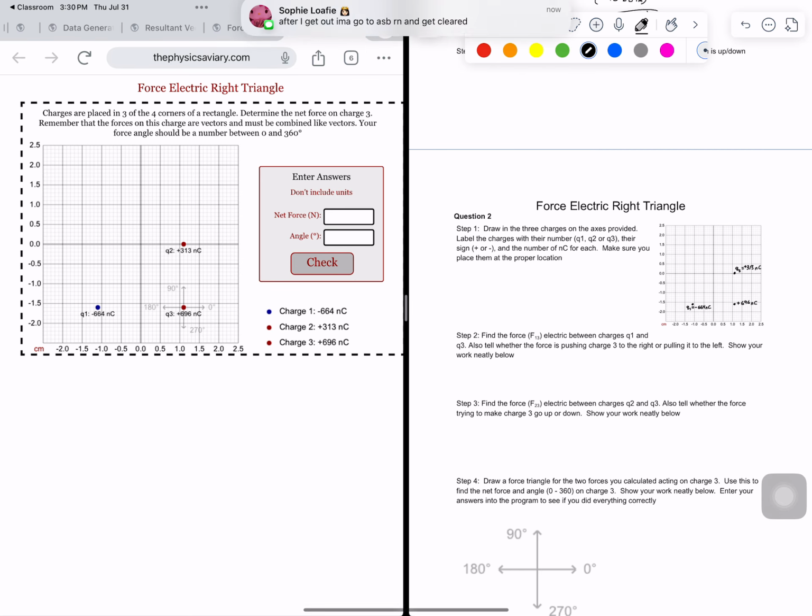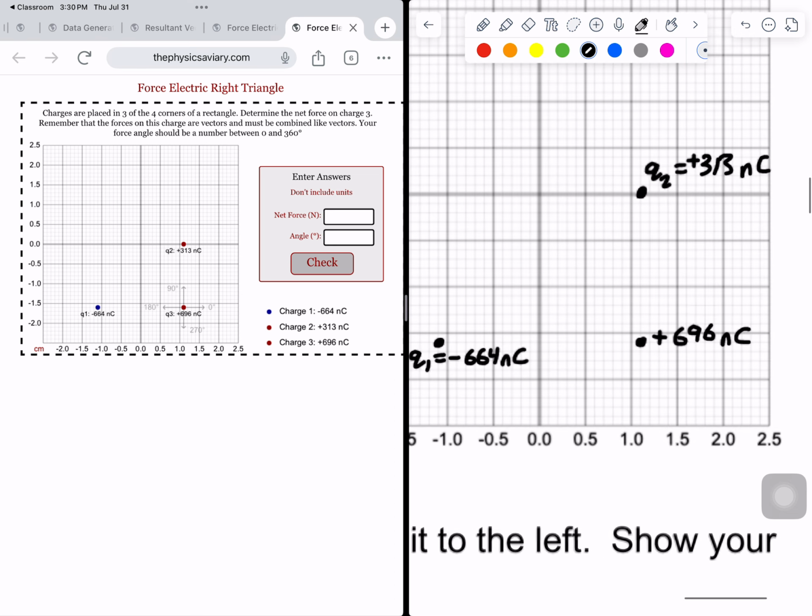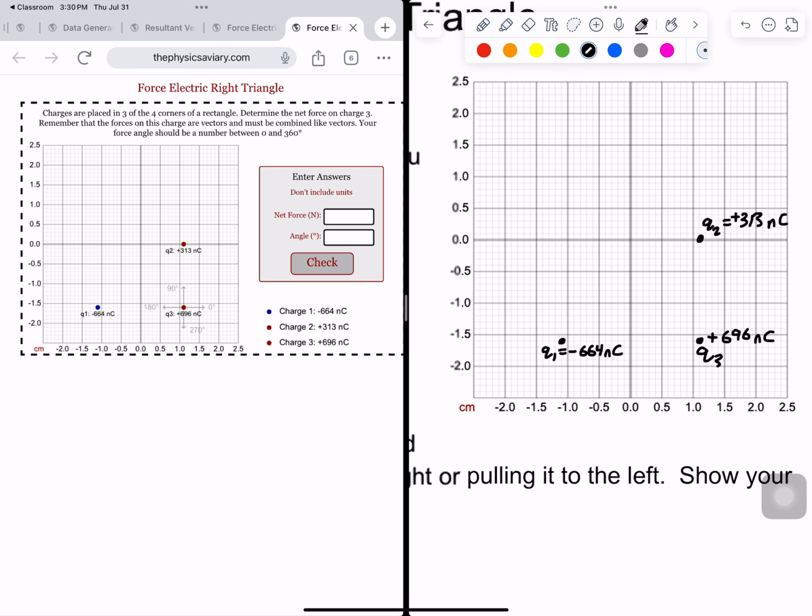Okay, so now step 2, we want to find the force F13, which is the force of charge 1 pushing or pulling charge 3. So let's take a look at this. This was charge 3, by the way, for me, anyway.